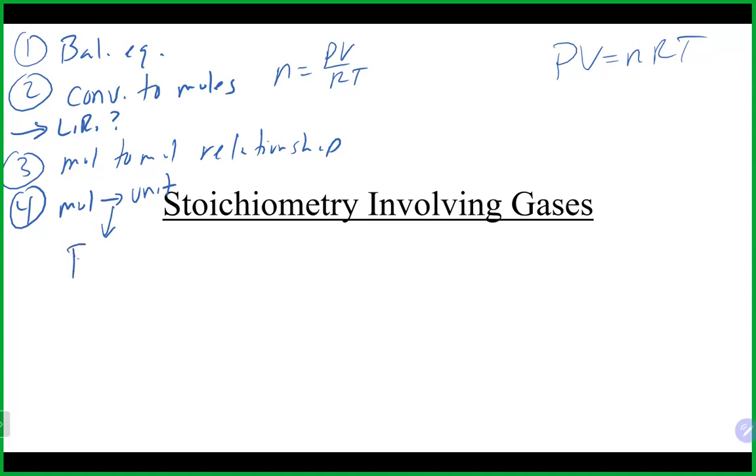So at the end of the calculation, you obviously will use the ideal gas law. I would say in a lot of cases, you'll be solving for volume, which is a very common sort of question, like how much volume of this gas did you collect. So I would say that is the main difference between a regular stoichiometry problem and one involving gases. It's really the same steps, other than somewhere along the way, in most cases at the end, you are going to use some type of gas law to solve the problem.